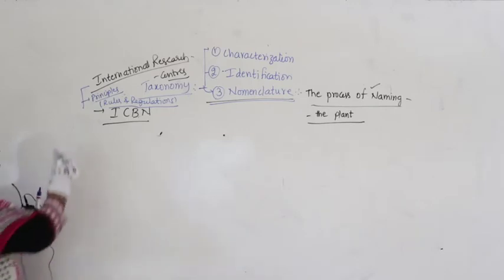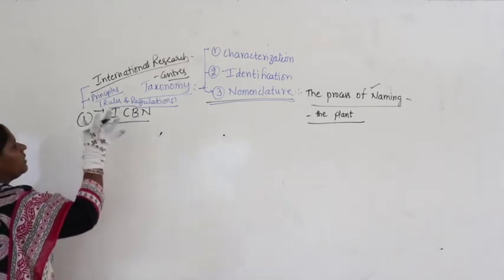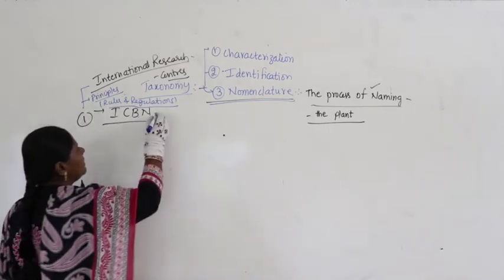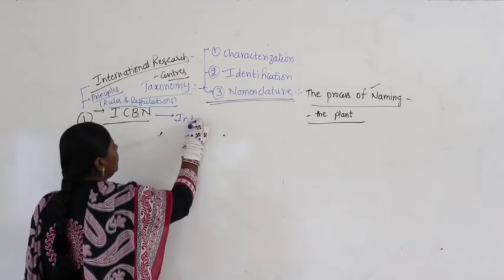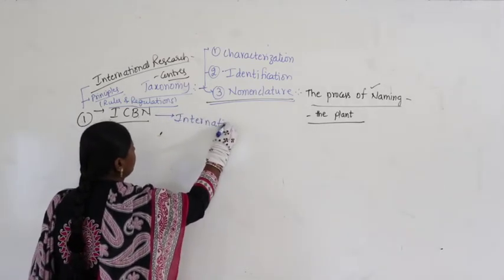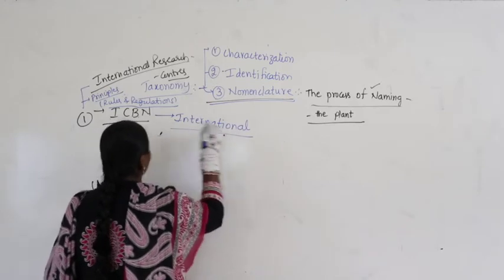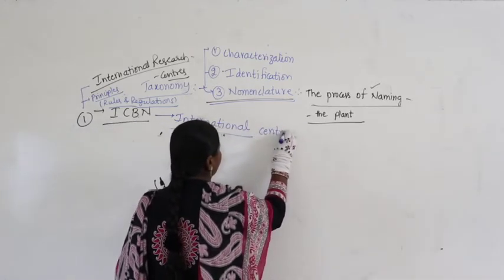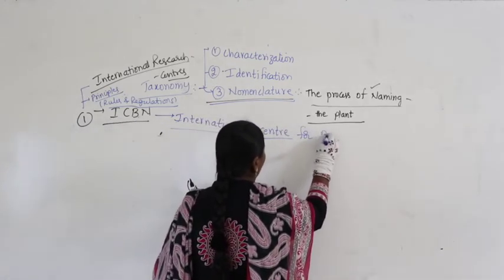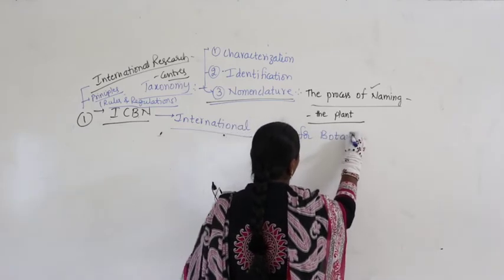We have two. One is ICBN. What is ICBN? International Center for Botanical Nomenclature.